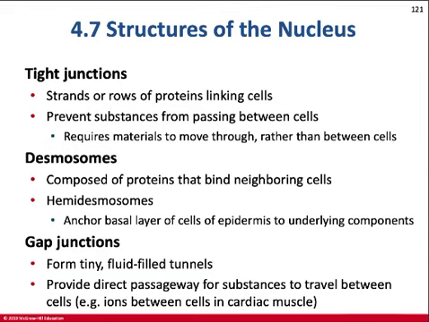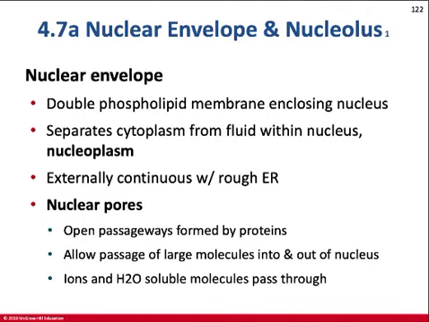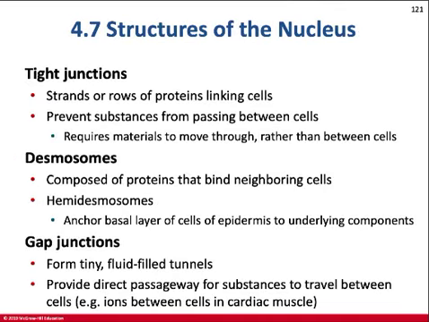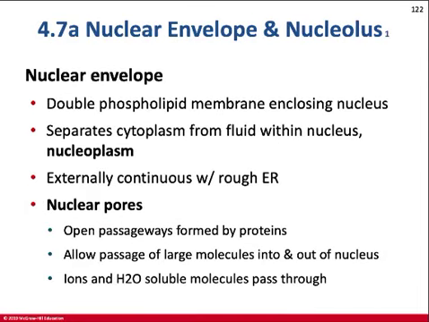And so you can see here how the different junctions are employed. Okay, the nucleus is where the genetic material is located. Tight junctions, desmosomes, gap junctions, we've discussed, right, what they do.